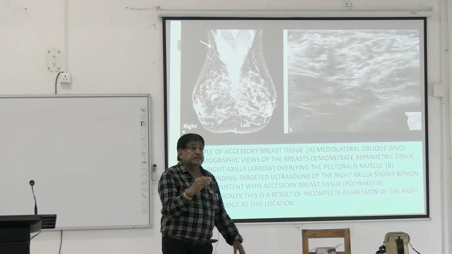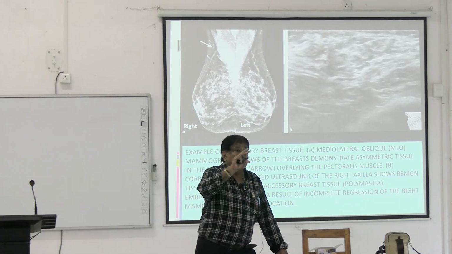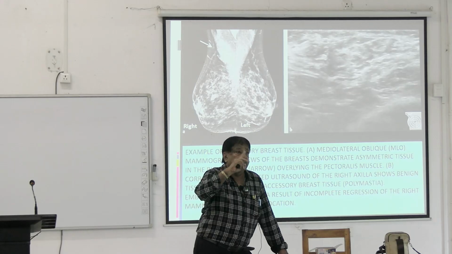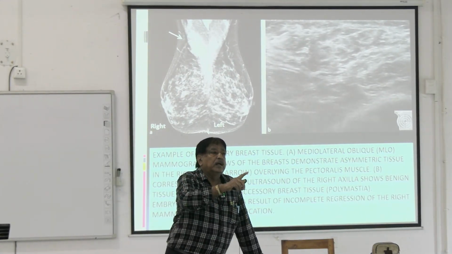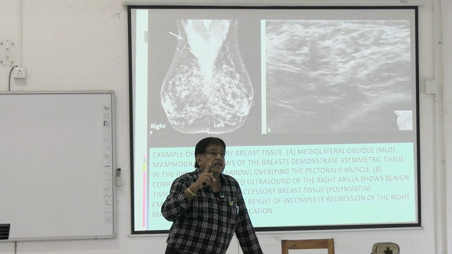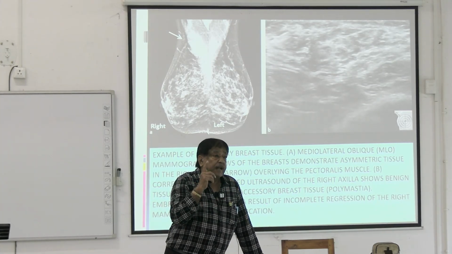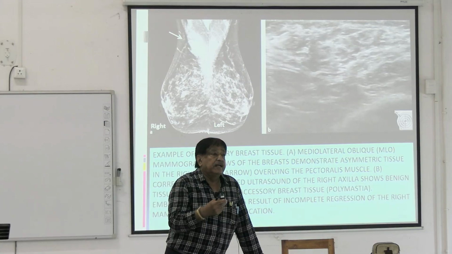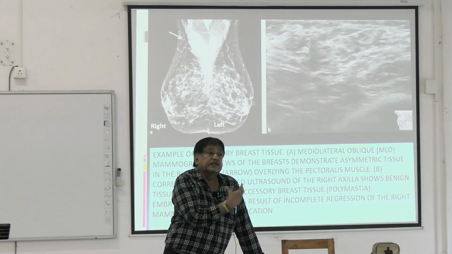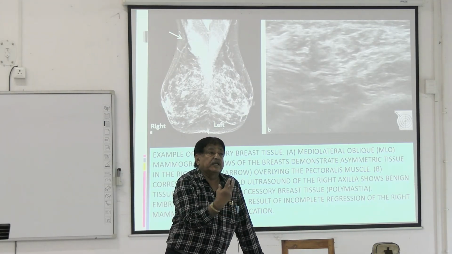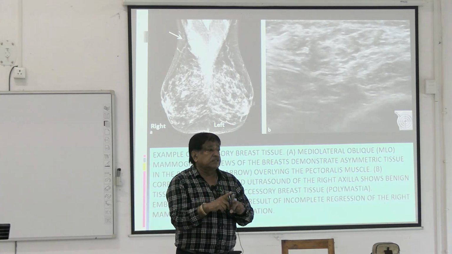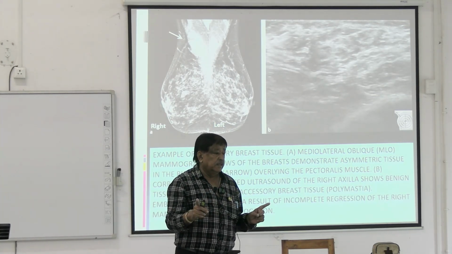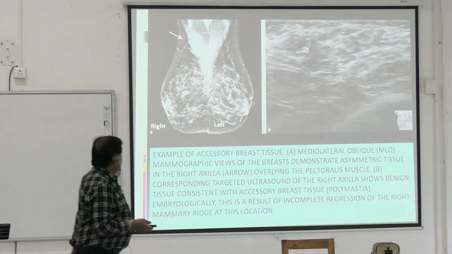So this can be misleading with a lipoma or true breast tissue. If the lady is pregnant and lactating, then there will be pain and swelling increases. But if it's a lipoma, it is soft consistency, but the diagnosis is through FNAC. Am I clear? Okay.